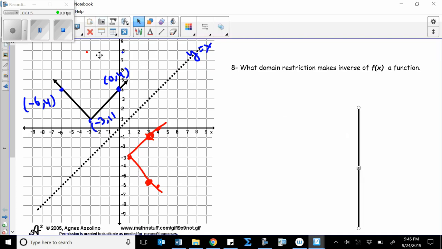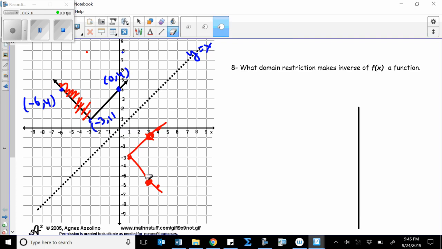So how can we solve this problem? In order to solve this problem, we can just make some restriction on domain. The domain of my original graph is from -infinity to +infinity. But if I take one half of this, like this side of that graph, take this one off, then we will have only this side. The reflection of this line over y equal to x is this line.